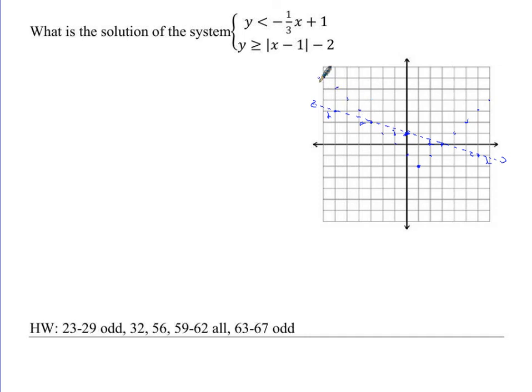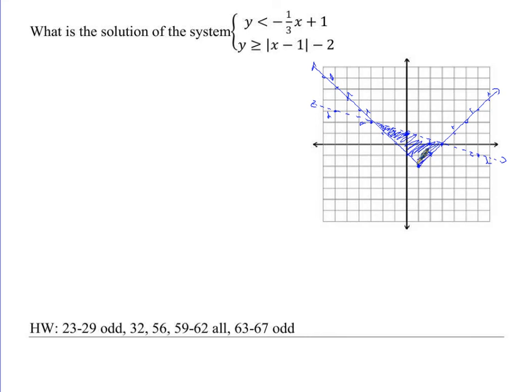We're going to draw that in with solid or dotted lines? Solid. Again, very carefully. And which way am I shading this time? Greater than says shade above, so I do this. And the region that got hit twice was what region? The middle of the triangle here. So that's what I'll shade.